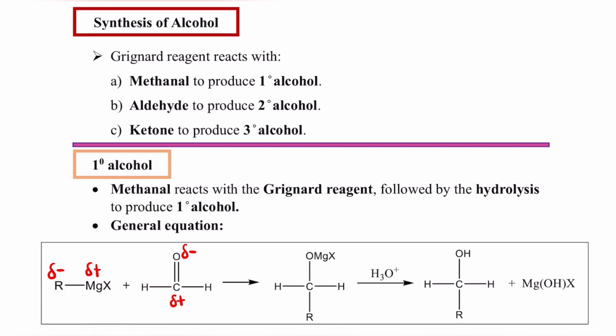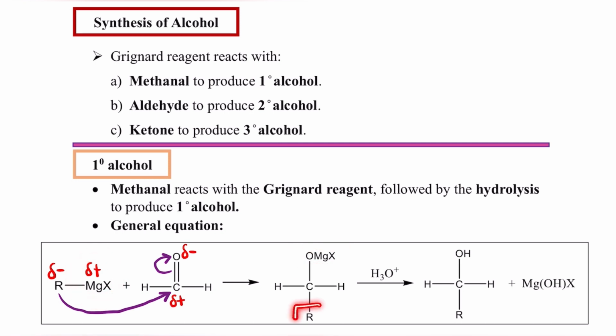So I'm going to attack from here, and then after that double bond antara carbon dan oksigen akan split kepada oksigen sebab oksigen is more electronegative. Sebab tu apa yang terjadi, dia akan jadi O- here. So O- dia akan ambil Mg+, dan dia akan attach menjadi OMgX.